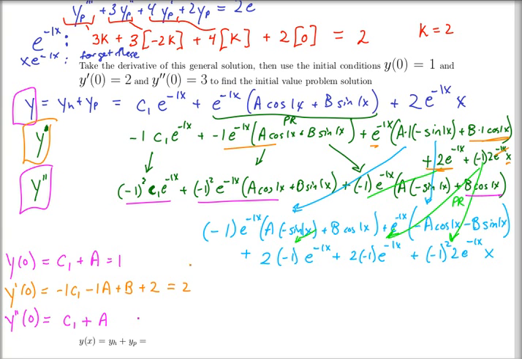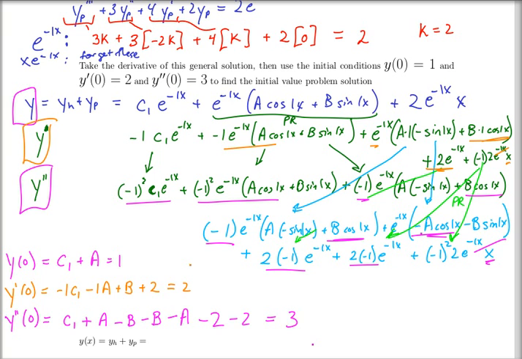This term is going to be minus b. This term is minus b. This term is minus a. And then this term is minus 2, and this term is another minus 2. And then this doesn't contribute anything because of the 0. And that total is equal to 3.